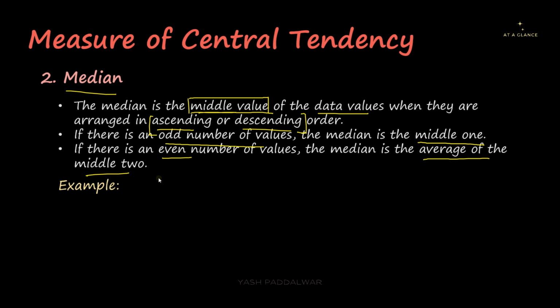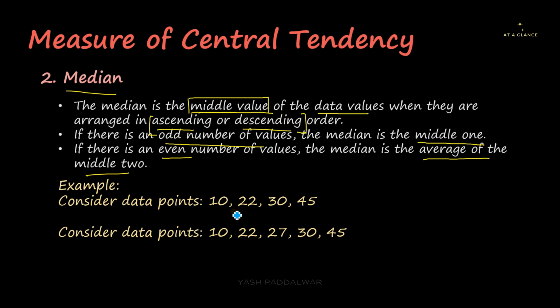So here is the example. You can see over here, this is the first case where we have a total of 4 data points. While finding the median of all these points, first we'll have to figure out whether these points are sorted in ascending or descending order. Over here, you can see clearly that all these points are sorted in ascending order, so we can go for finding the middle values.